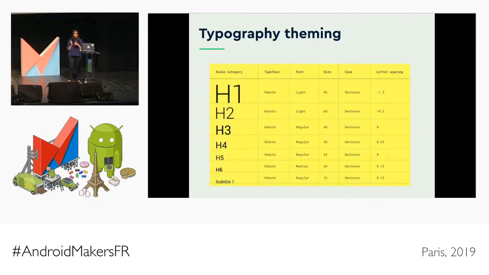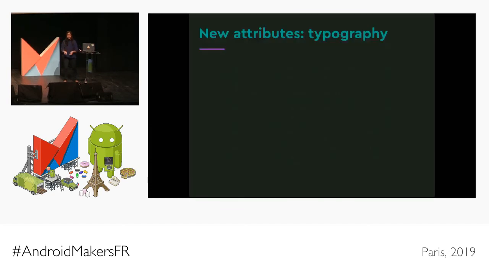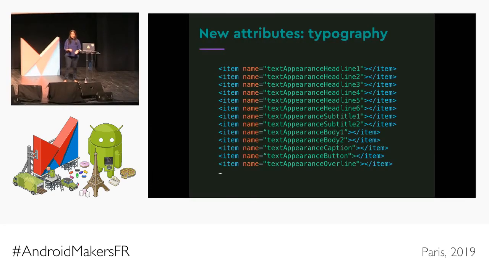So the last theming subsystem I want to talk about is typography theming. And if you open the material design documentation, you'll see a type scale something like this. There's around 12 of them. And now these translate directly into theme-level attributes.